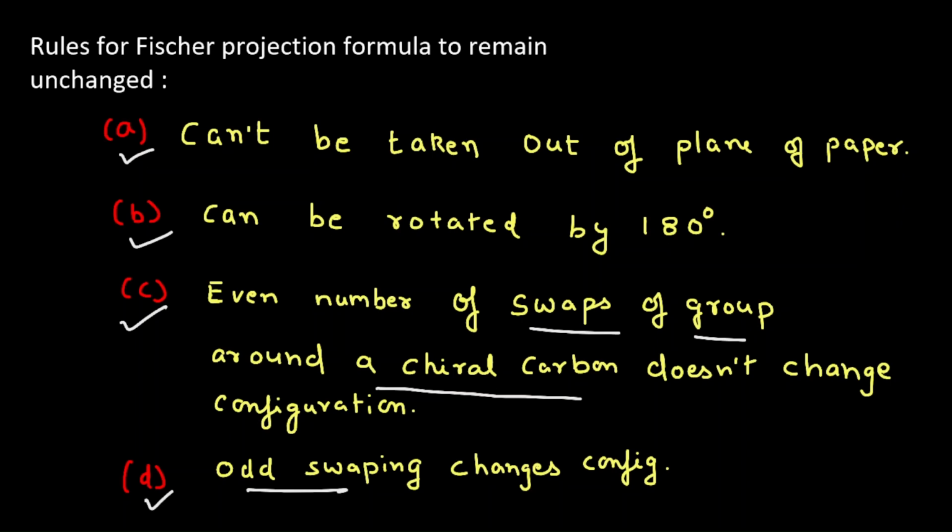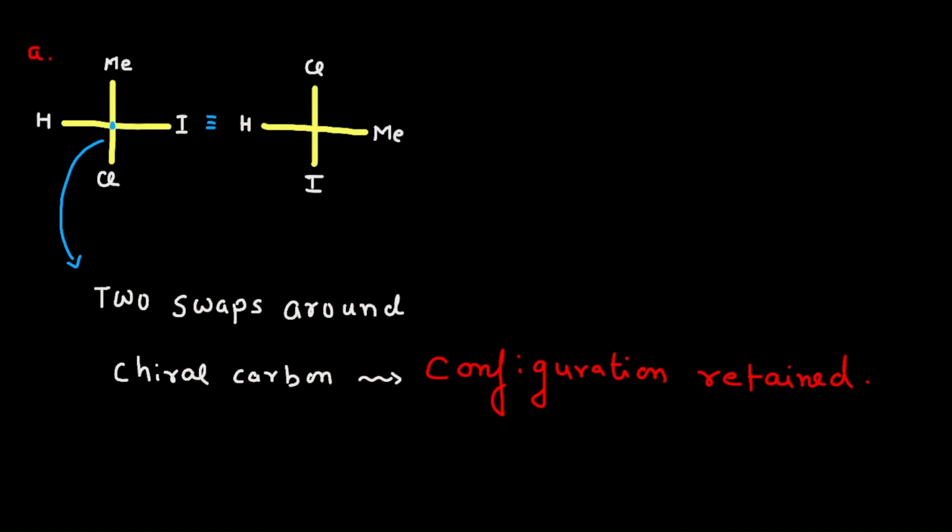Now let us come to option number A. In option A, as you can see, we have a Fischer projection, and these two are to be checked whether they represent the same configuration or not. Now, I will first do 2 swappings associated with this chiral carbon and show that these two are the same configuration.